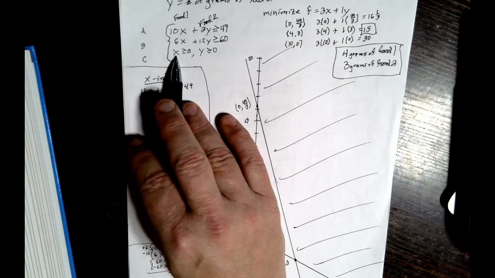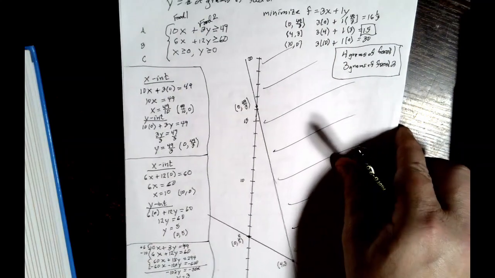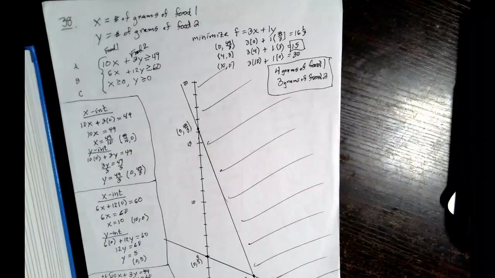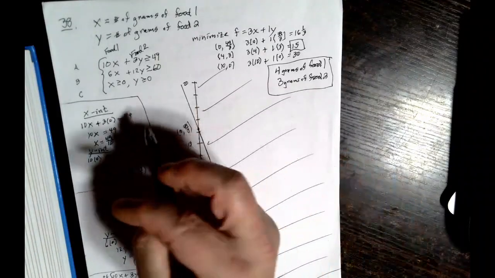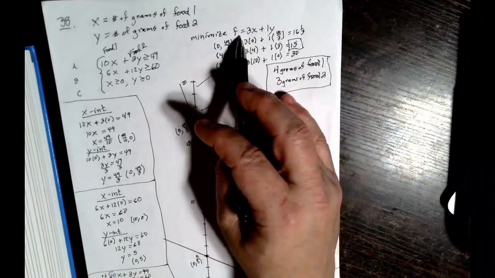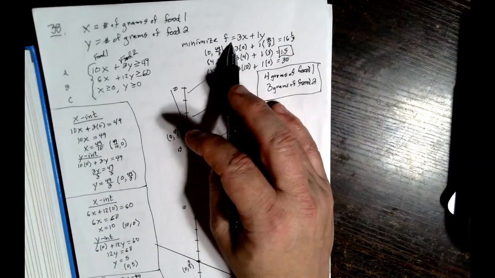And then C, we didn't use. We only used A and B. We want to minimize our C. So we're using this formula for C to talk about our minimum.